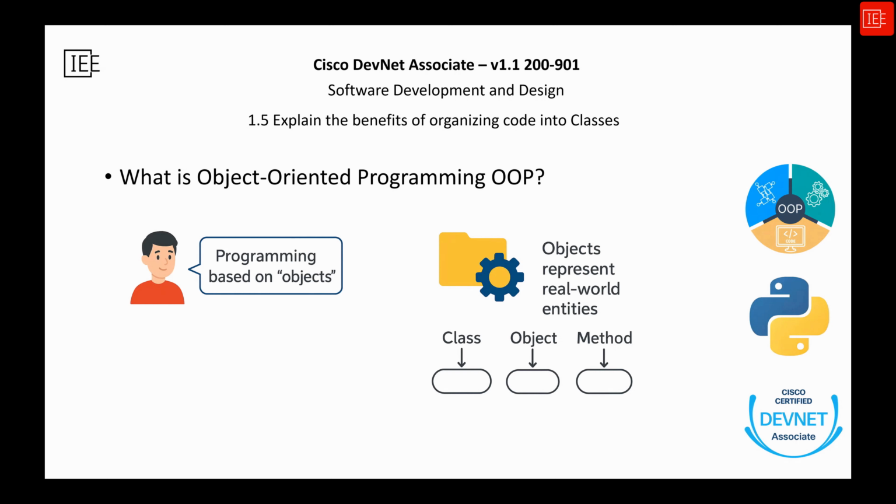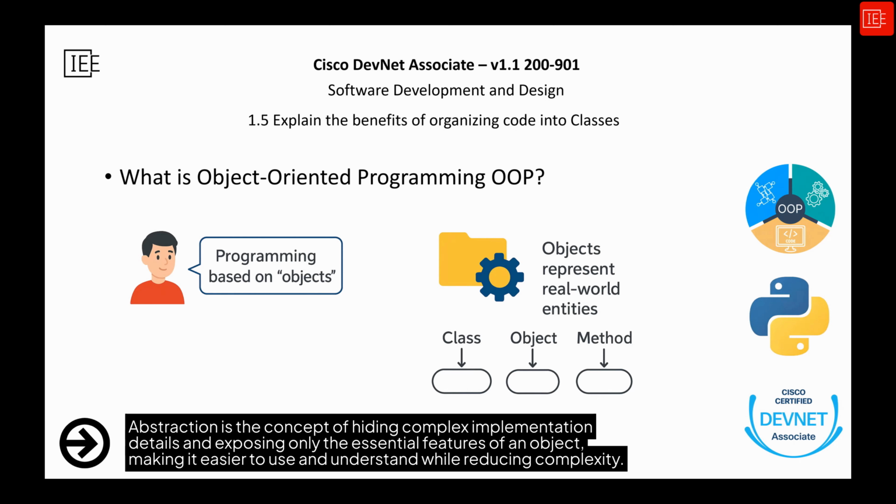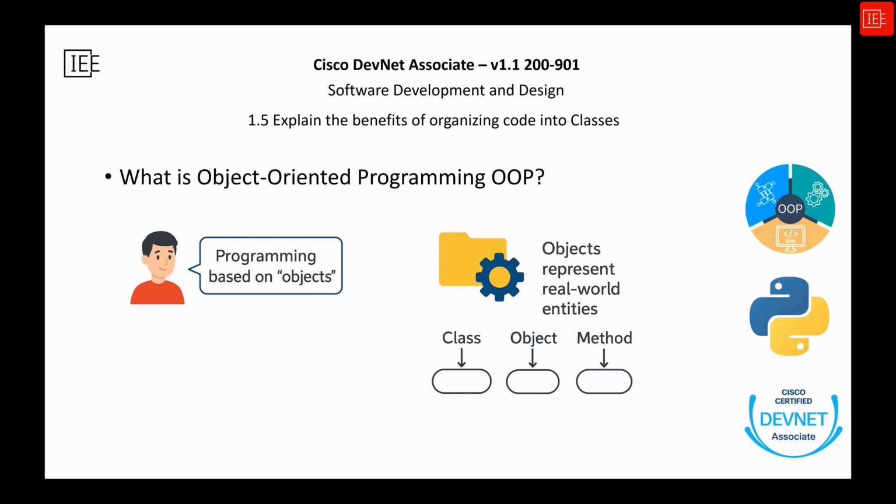Finally, we have abstraction, which hides unnecessary details so you can focus on the bigger picture. In Python, object-oriented programming is designed to be straightforward and intuitive. You can mix it with other programming styles, but when used well, it helps you structure your programs so they are easier to understand as well as grow and maintain.